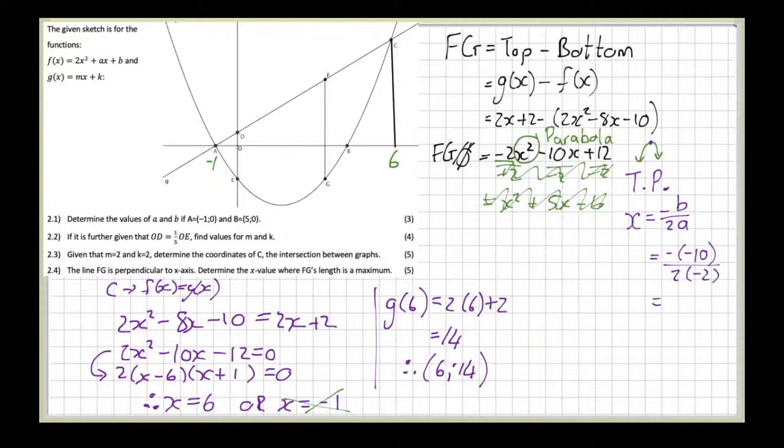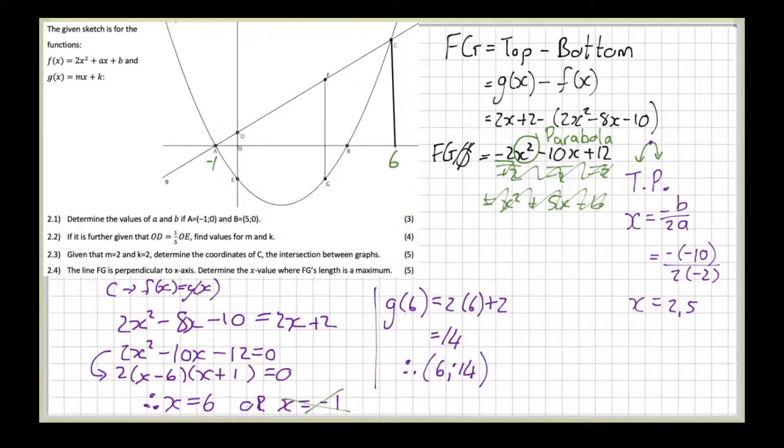So in other words, x is 10 over 4, which is 2,5. Now, the question was, where is FG at a maximum? At x equal to 2,5. This means at x equal to 2,5, the distance between the two graphs will be at its furthest point.